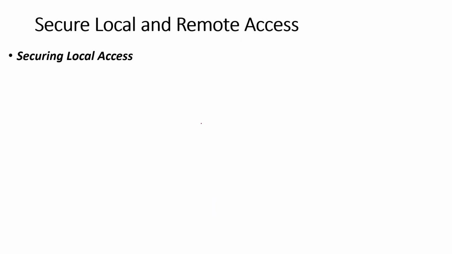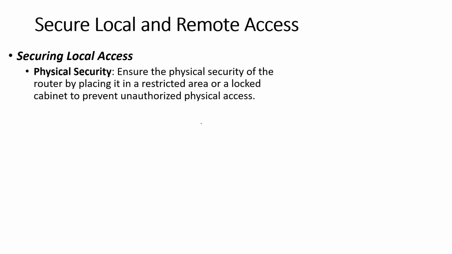So how do you secure local and remote access? To secure local access, as discussed a while ago, we ensure the physical security of the router by placing it in a restricted area or possibly in a locked cabinet to prevent unauthorized physical access. It could be another employee, a curious colleague who will try to access your routers.